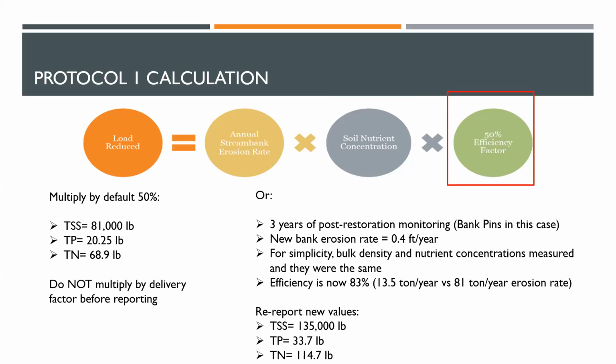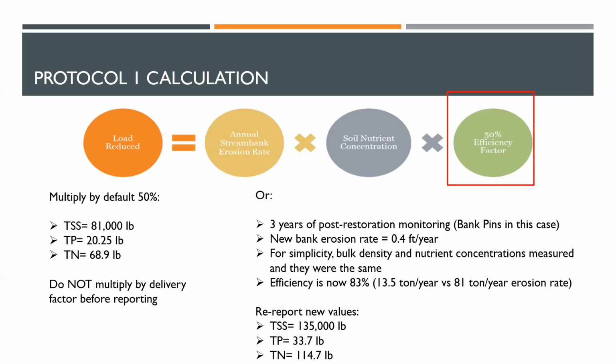And then we get to the efficiency factor. You have 2 options here. You can take the default rate, so you're multiplying those numbers that you calculated by 50%. That comes out to 81,000 pounds of sediment, just over 20 pounds of phosphorus, and about 69 pounds of nitrogen. A big change from the last model to this model, and I think Olivia might touch on it as well, is that you no longer multiply those numbers by a sediment delivery factor before you report it for credit.